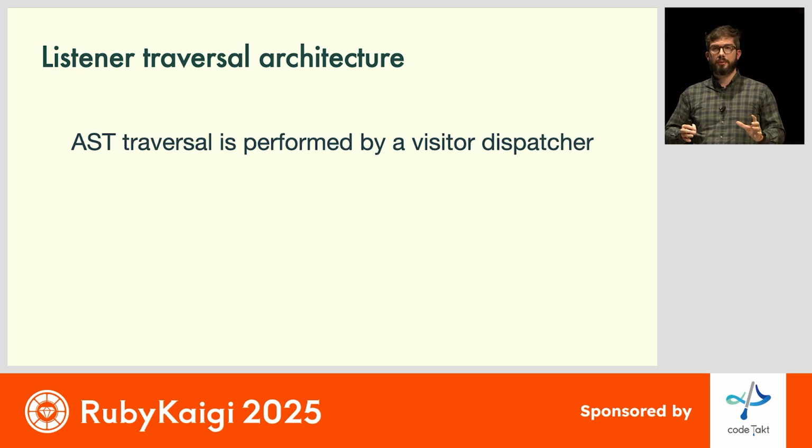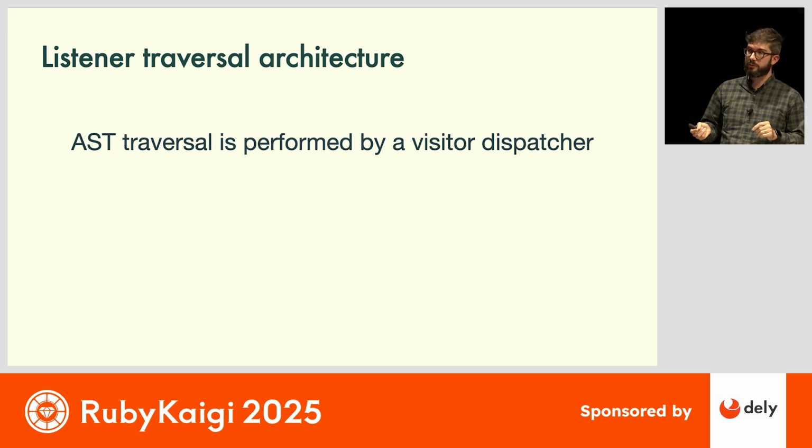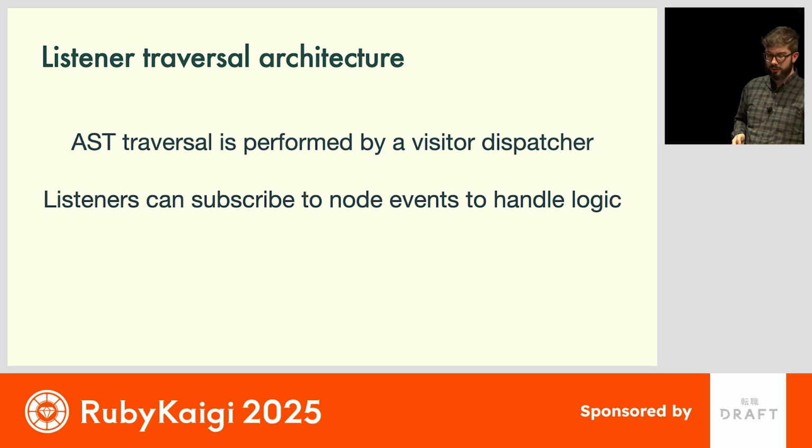We essentially have this entity called a dispatcher, which visits an AST, traverses the AST, and as it is traversing, it will emit events for all of the nodes that we discover in a piece of Ruby code. And then other objects, the listeners, can then subscribe to the nodes that they are interested in handling, and they will be notified whenever we find those types of nodes in the code.